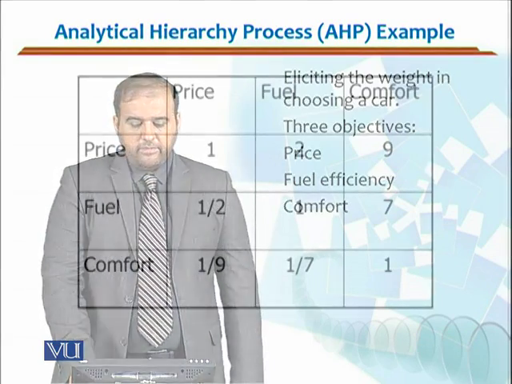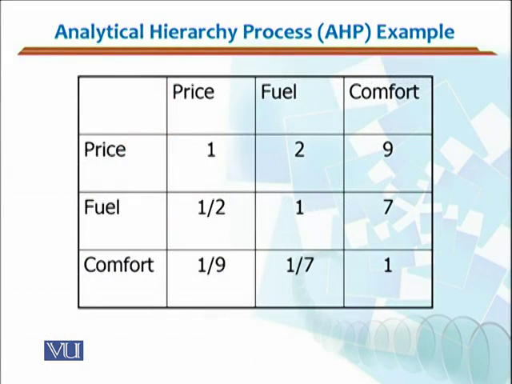For that purpose, we need to have the pairwise comparisons first of all, which can be done in this way. If you look at this table, there is price, fuel, and comfort, the 3 criteria. They have been taken both horizontally and vertically.